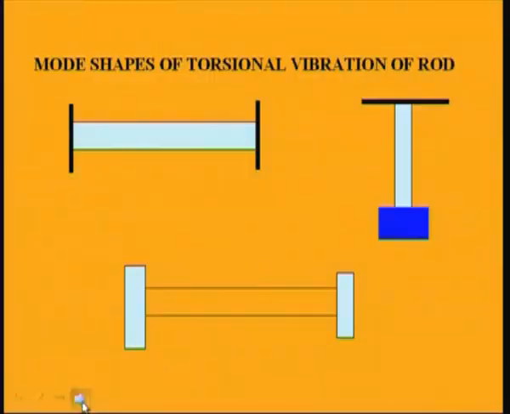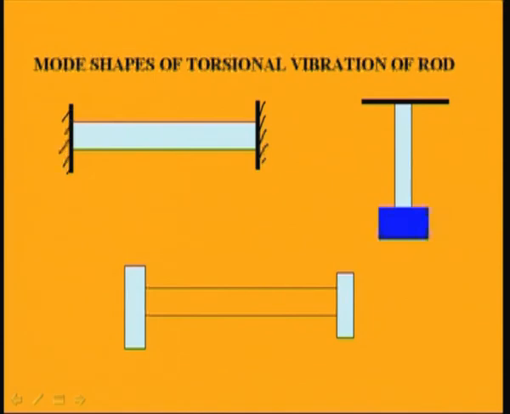For example, I will show you the mode shapes of a fixed rod, a rod with an attached mass, and a rod with inertia at the two ends. In these cases, only the fixed case has a very simple frequency equation.